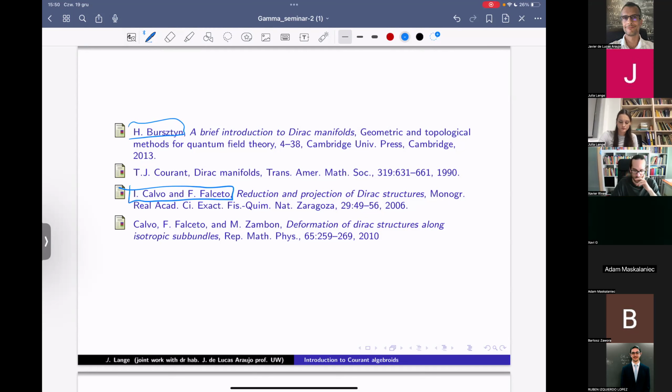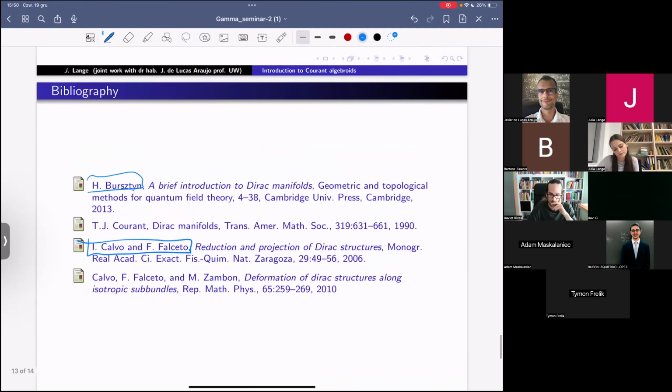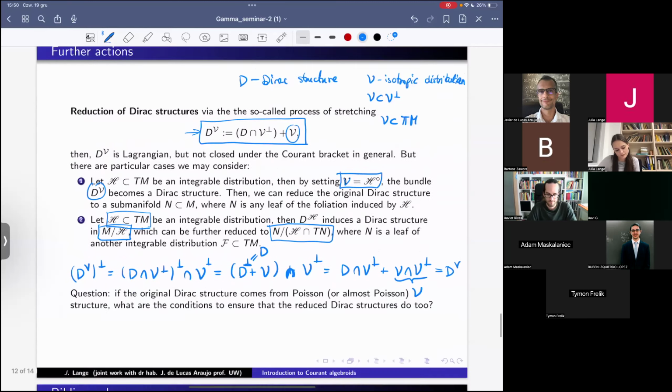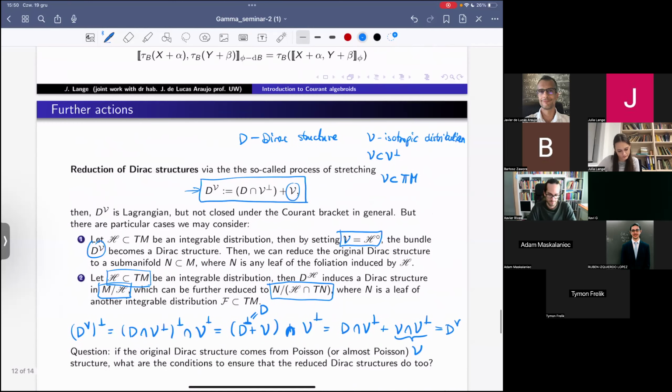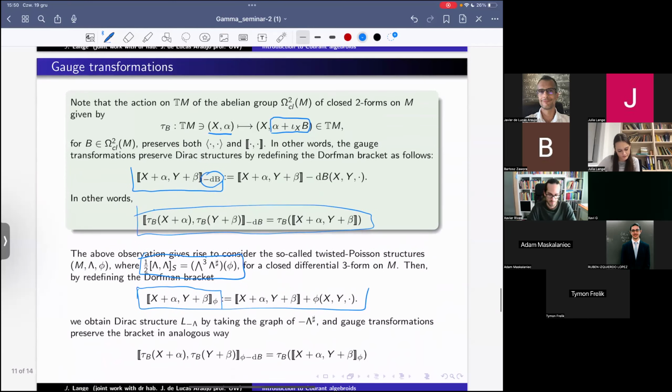Yeah, I have a question. Can you go back to this twisted Poisson slide? Yeah, exactly.